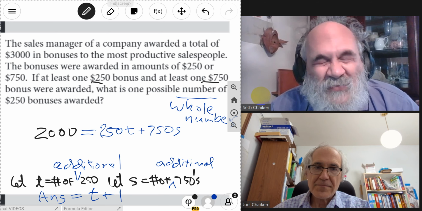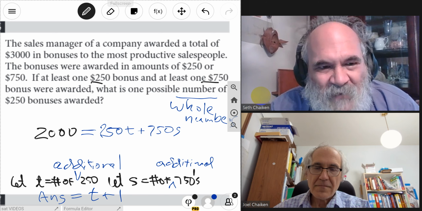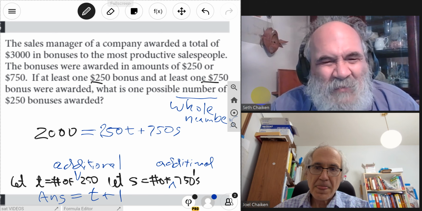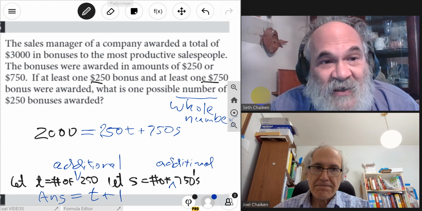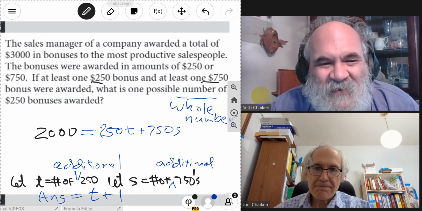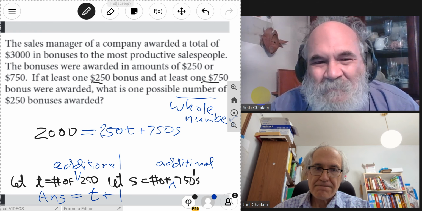Right. Well, the first thing I would do is, since it's a problem dealing with integers, if we divide both sides by 250, we have smaller numbers to deal with.